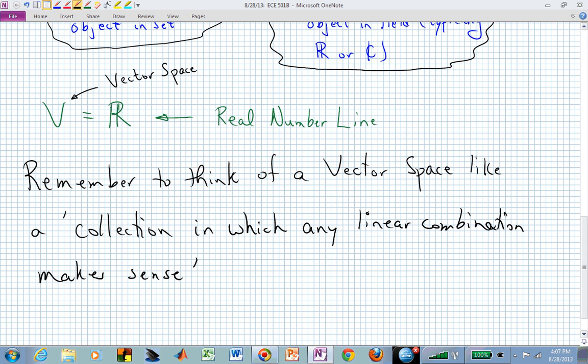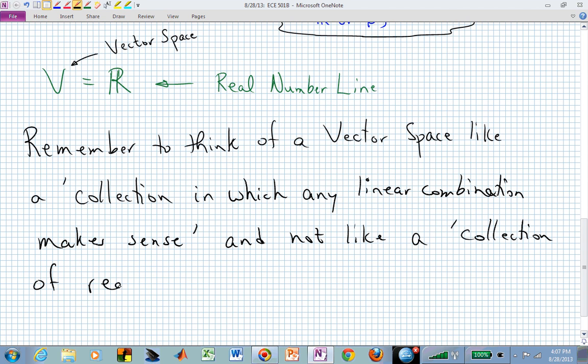So we want to be able to linearly combine these objects coming from a set. That's a vector space. Meaning that's maybe more general. So remember to think of vector spaces like that, and not exclusively like this column of real numbers, and not like a collection, let me say, of columns of reals.